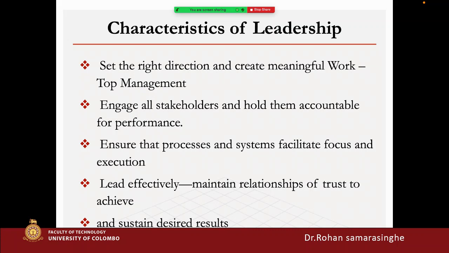Engage all stakeholders and hold them accountable for performance, and ensure that the process and the system facilitate focus and execution. Lead effectively. Maintain a leadership of trust to achieve.